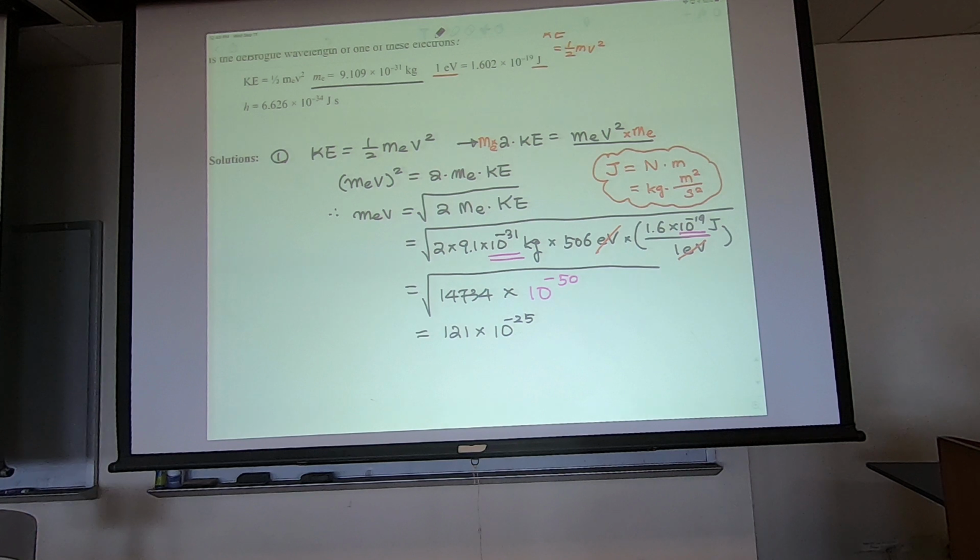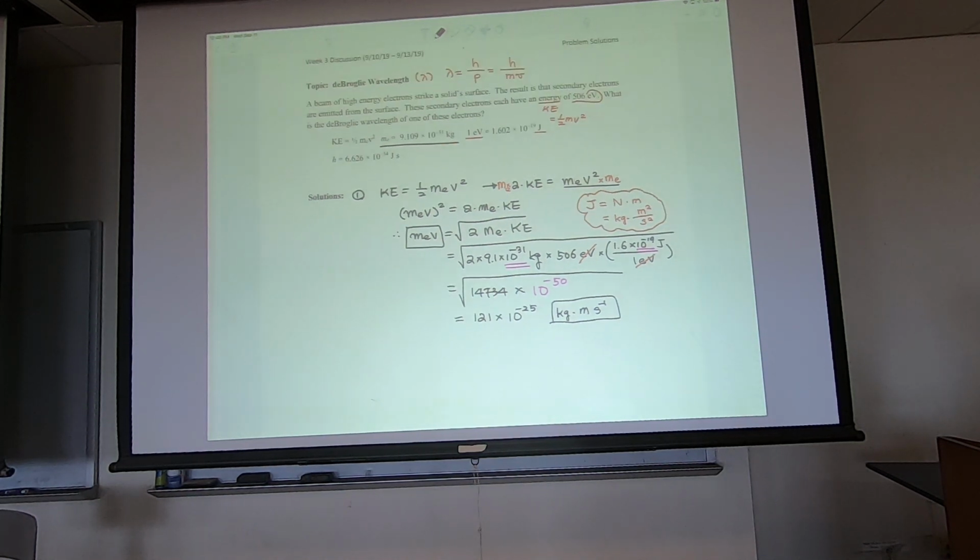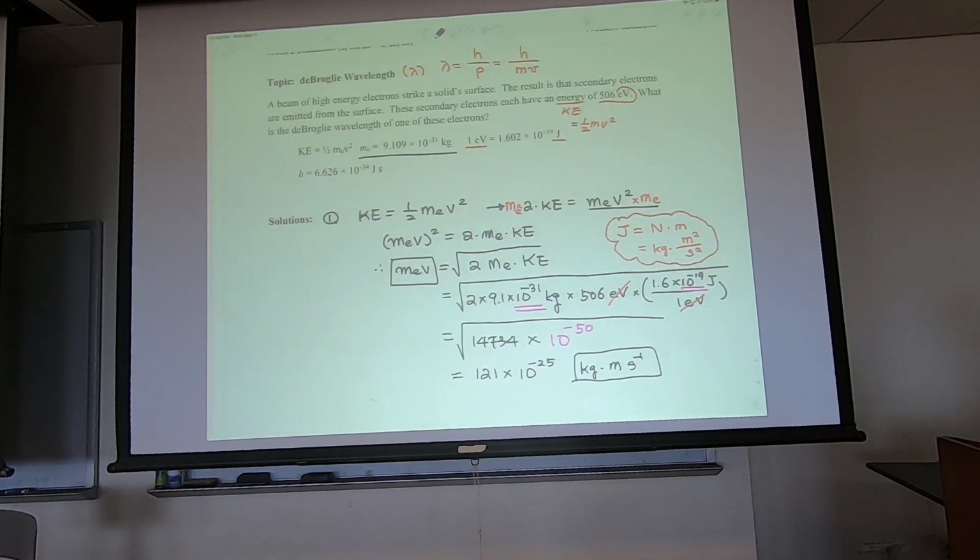And what's the unit on this? Kilogram meter per second. That is a momentum, right? So I got this momentum unit. Since I got my momentum part, I'm in business here.